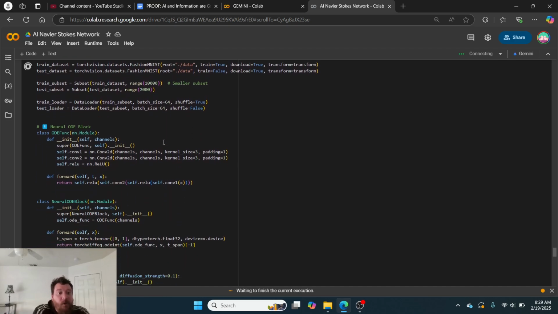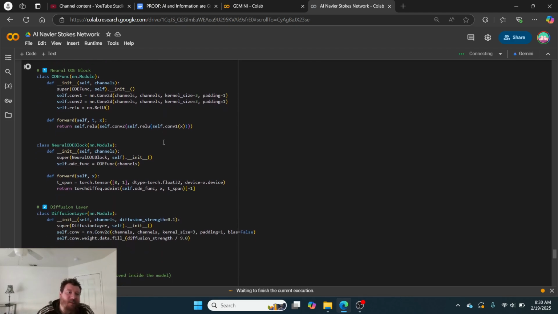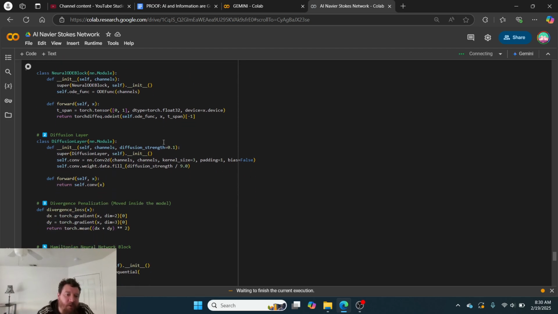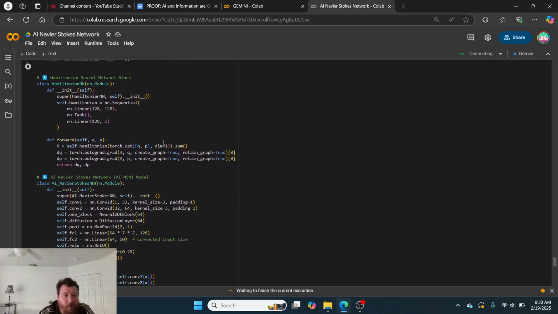And this is where the real magic happens. You can see I put in all of the traditional elements. This is more fluid than a computer. This is the origins of liquid computing. You have a neural ODE block, your diffusion layer, your divergence penalization, your Hamiltonian neural network block itself.